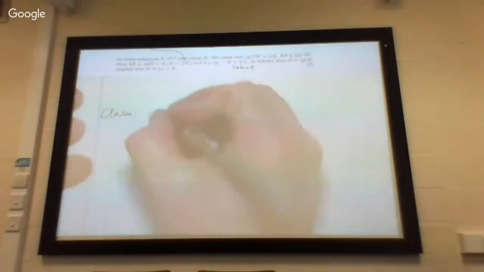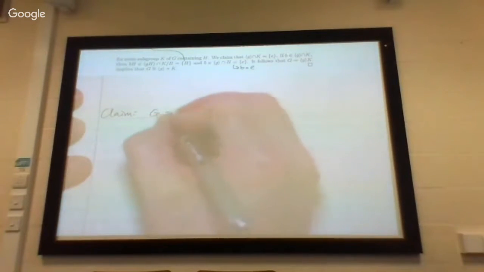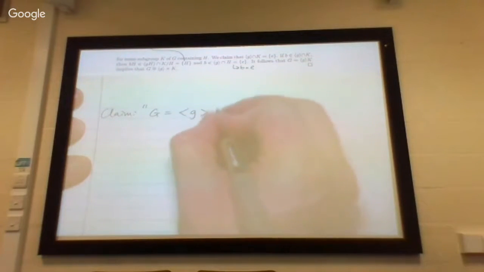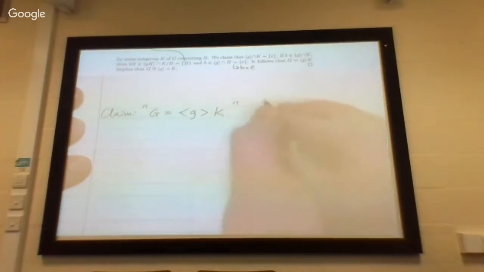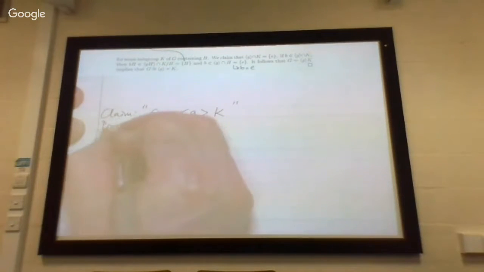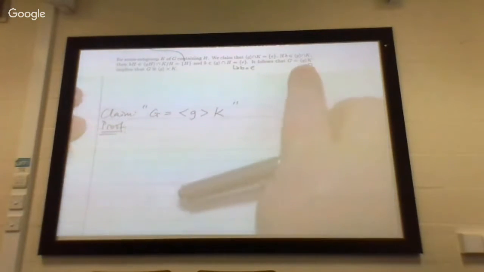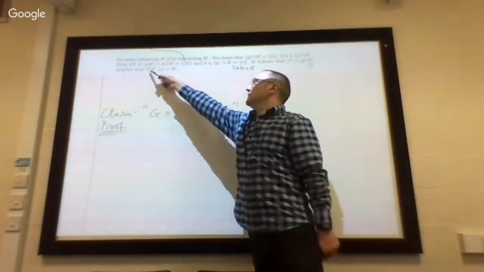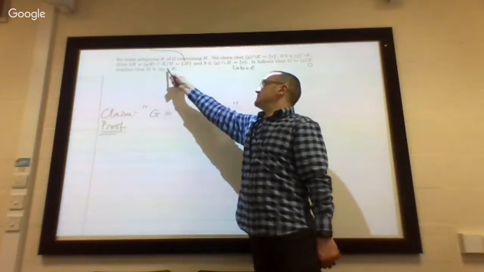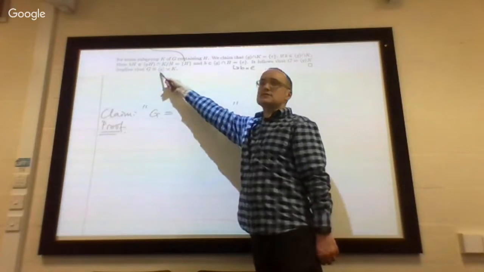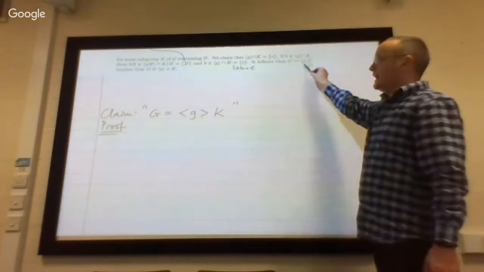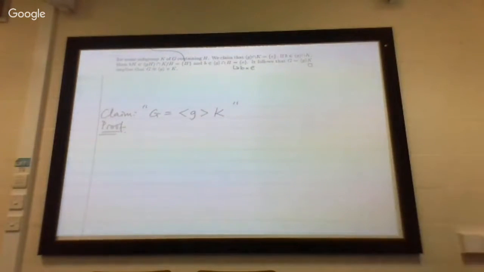This is just at the end of the proof. This claim that G is equal to the cyclic subgroup generated by g times K, I think we need a little proof for this. Once we know that, you've got the final result, that your group G is the internal direct product of the cyclic subgroup generated by little g and K. But this final thing, I think, needs a little bit of proof.